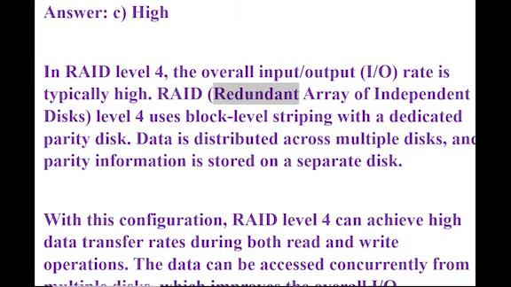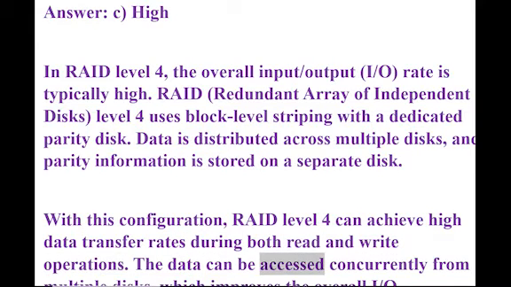RAID, redundant array of independent disks, level 4 uses block-level striping with a dedicated parity disk. Data is distributed across multiple disks, and parity information is stored on a separate disk. With this configuration, RAID level 4 can achieve high data transfer rates during both read and write operations.